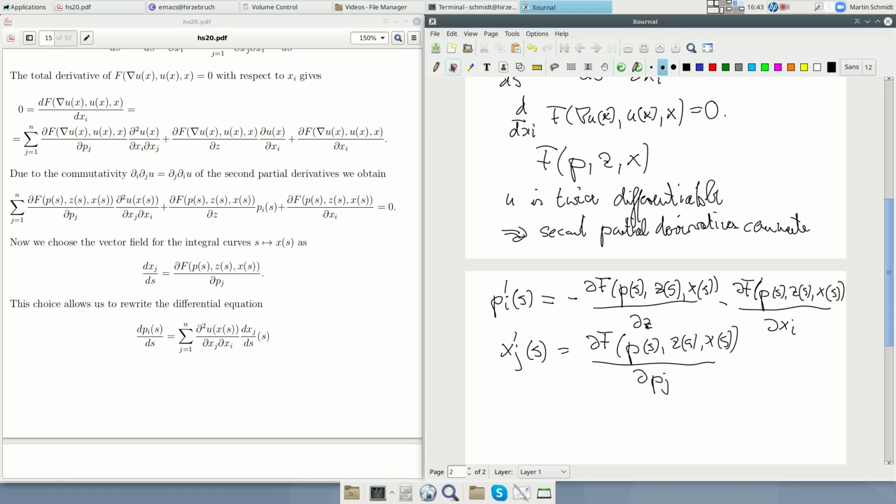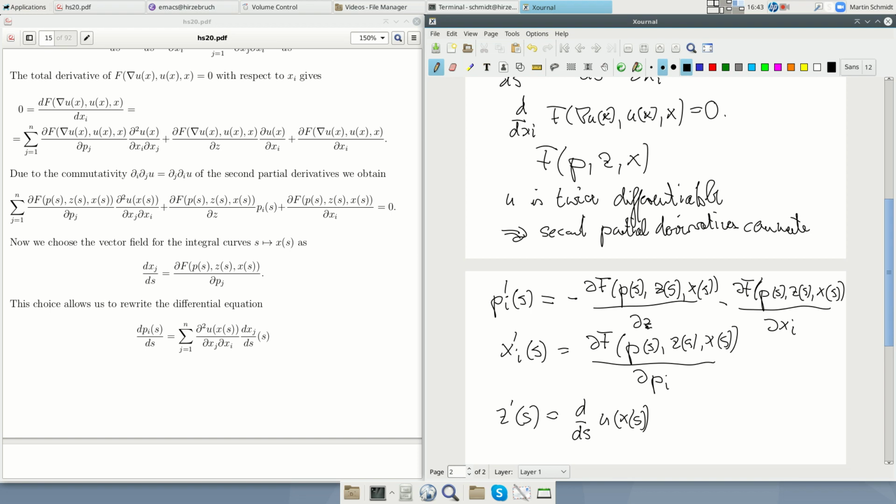Maybe we now call the indices i. Okay, and finally z prime of s. Now we have to calculate z prime of s, and this is of course d by ds of u of x of s.